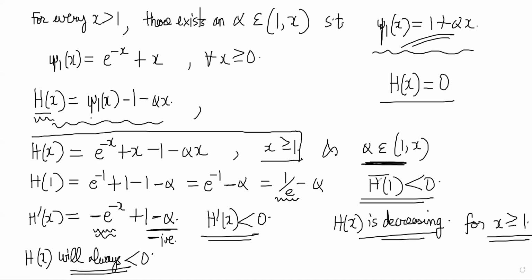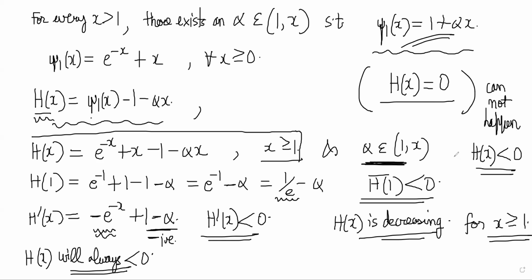It will always be less than 0. So this equality cannot happen, because h of x is always less than 0 in this interval, right? So now we have basically shown that option B is also incorrect.